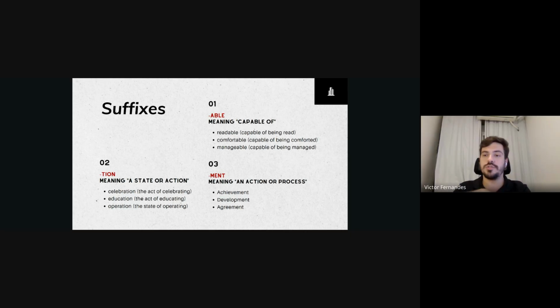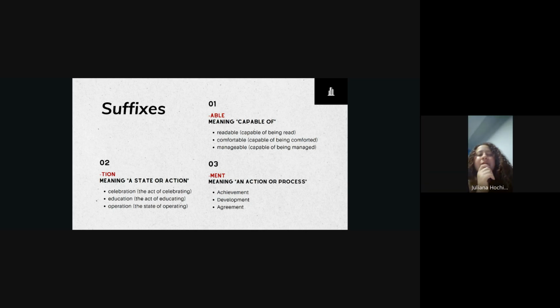Do you have any words, or would you like to say anything? I never thought of shun and meant being suffixes. I didn't make the connection in my head. When you started showing this slide, it clicked, but before that, I never made the connection.